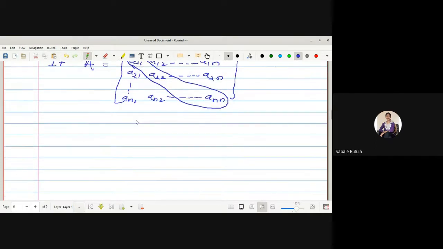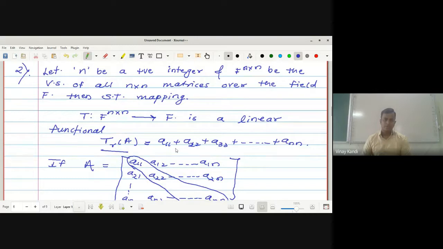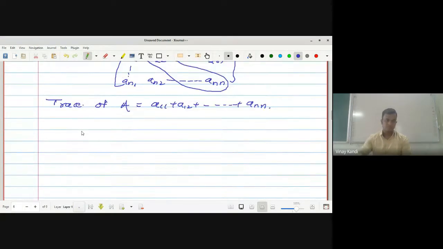So trace of A is a11 plus a22 up to so on ann. All the entries of A are from F, so this addition also belongs to F. Hence the trace of A, the output, belongs to the field F, and hence it is a linear function. First we have to show the condition of linearity. Understood what is the trace of A?